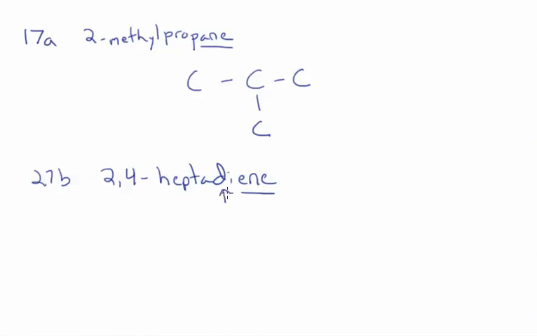So 1, 2, 3, 4, 5, 6, 7. It doesn't matter which end you make be 1, as long as you're consistent. I generally always put the furthest left-hand carbon 1 when I'm drawing structures from a name. So this tells you that the double bonds are after carbon 2 and carbon 4. So 1, 2, 3, 4. So that's 2,4-heptadiene.